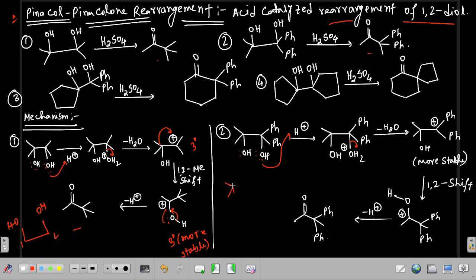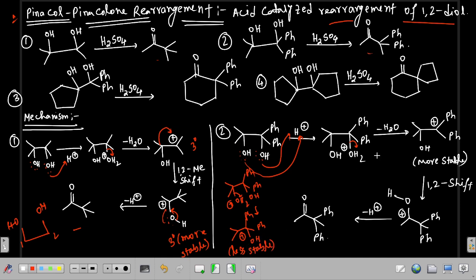There is a possibility that this hydroxyl group will abstract the proton, and it leads to the formation of this carbocation, and later it leads to the formation of this carbocation. But this carbocation is much less stable than this carbocation. This is less stable, that's why it is not possible.